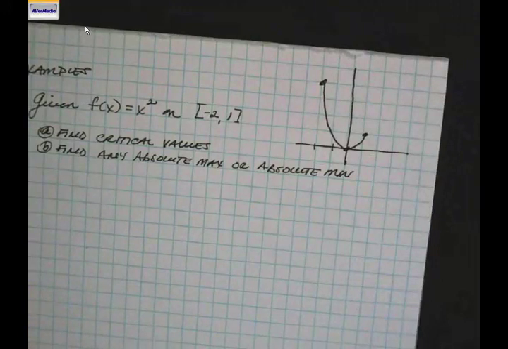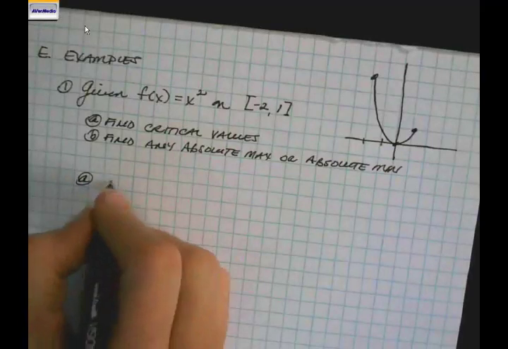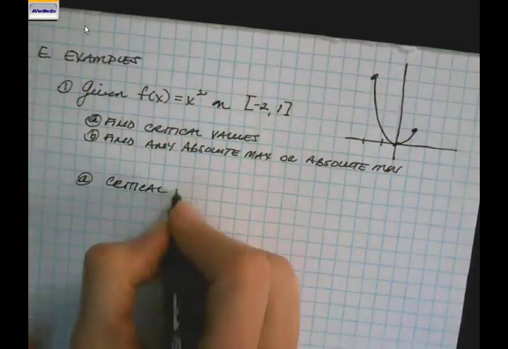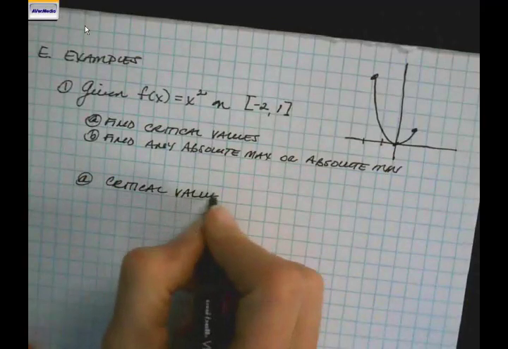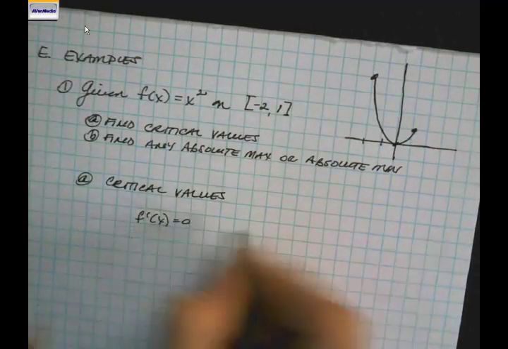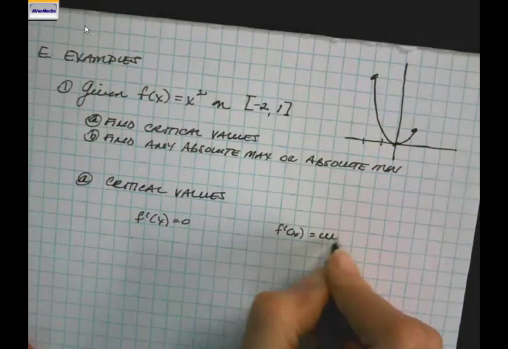Okay, but now let's show it algebraically. So what are my critical values, in case the graph was not so simple? My critical values occur when f prime of x equals 0, or when f prime of x is undefined.